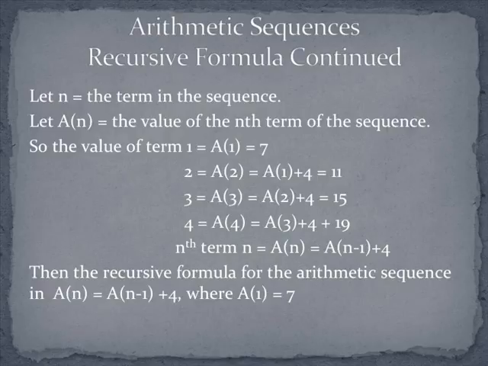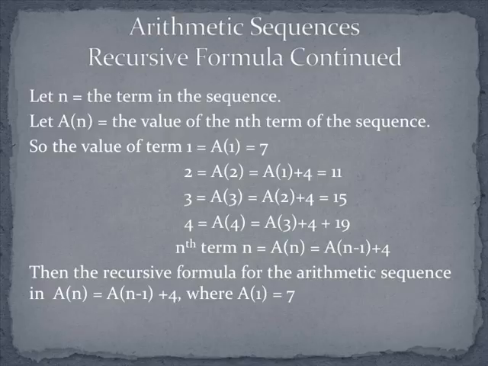Then term 3, a3, equals a2 plus 4, which is 15. Then term 4, a4, equals a3 plus 4, which is 19.